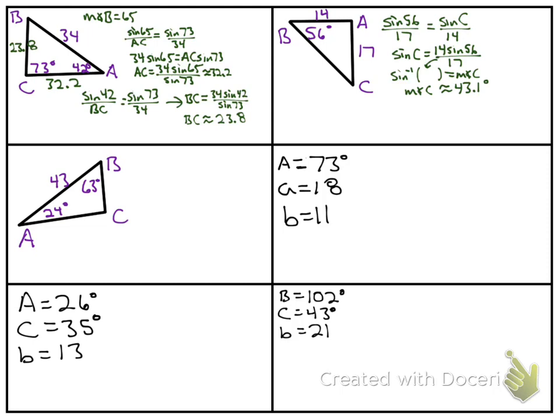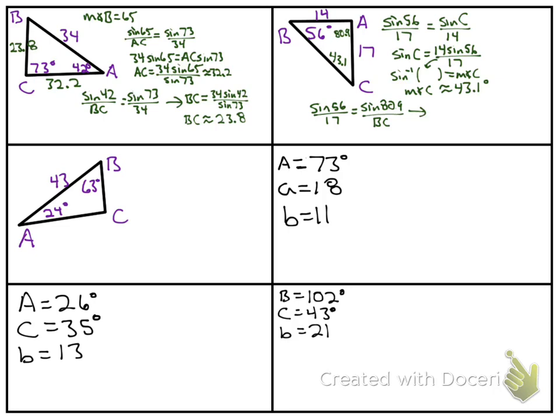43.1 degrees. So if that's 43.1, 56 plus 43.1 subtracted from 180 gives me about 80.9 degrees. So that's angle A. Now to find BC, we're going to do sine of 56 over 17 is equal to sine of 80.9 over BC.